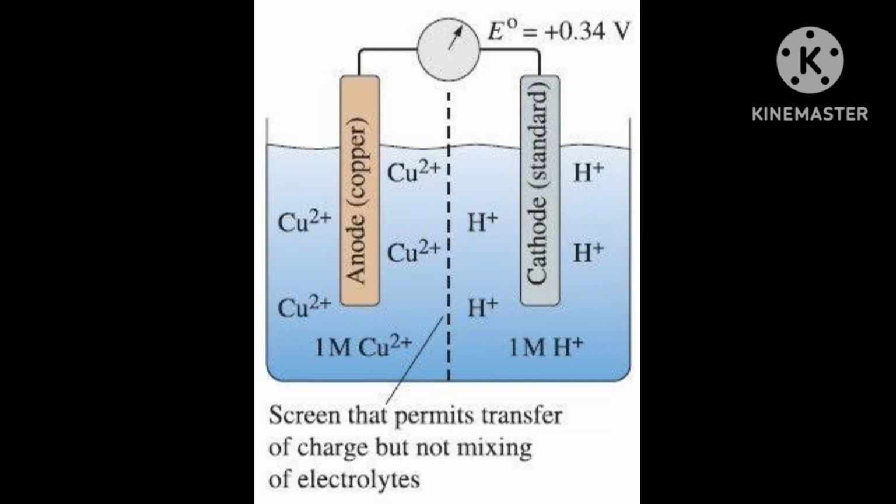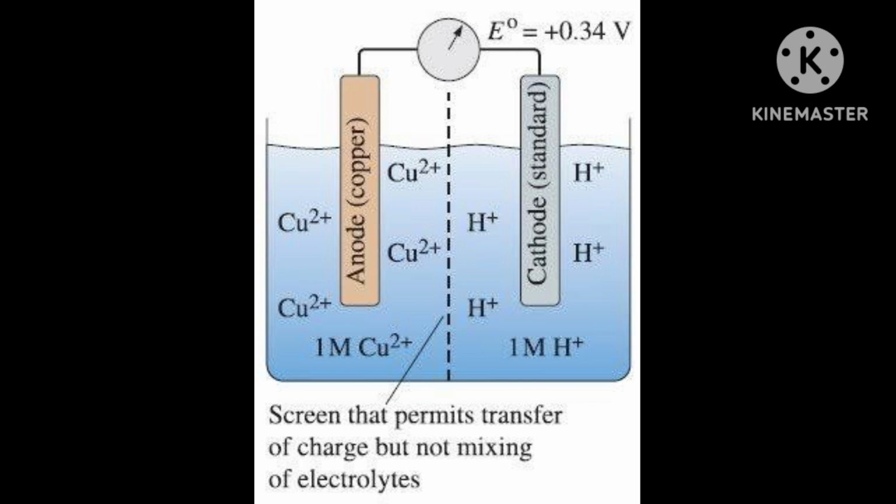I already told you that equilibrium will be established in the solution. Because Zn is converting to Zn2+ plus 2 electrons, that equilibrium will be there, and this creates potential.